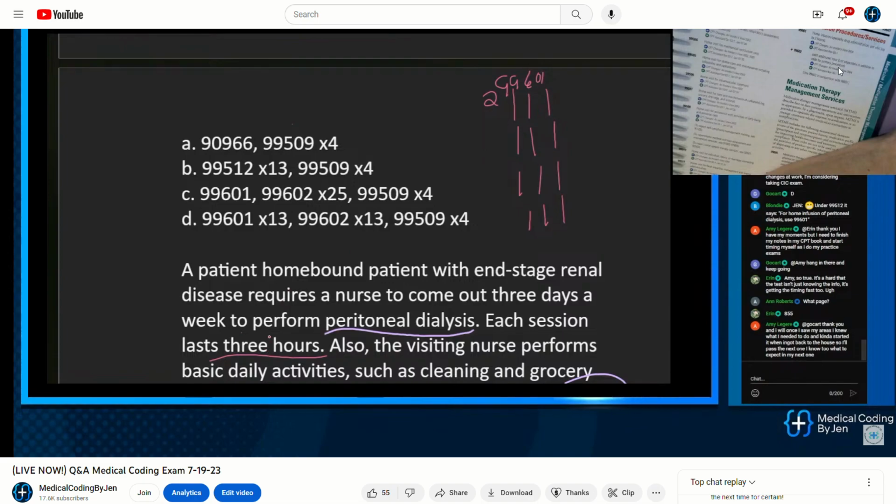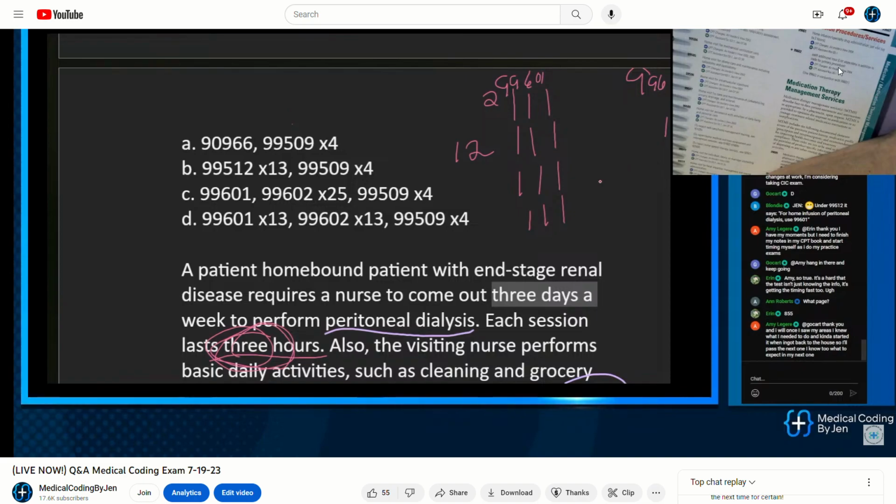They said they did 3 hours each visit, so that's where we come up with our 99602. And it will have just as many visits. 3 times 4 is 12. I can get at least that much, that I know we're going to have 12 visits each time.